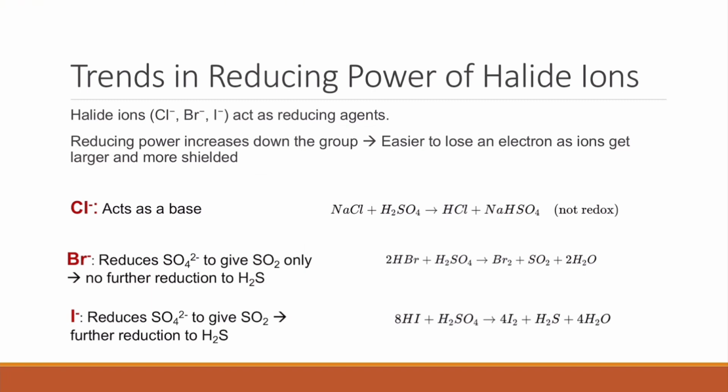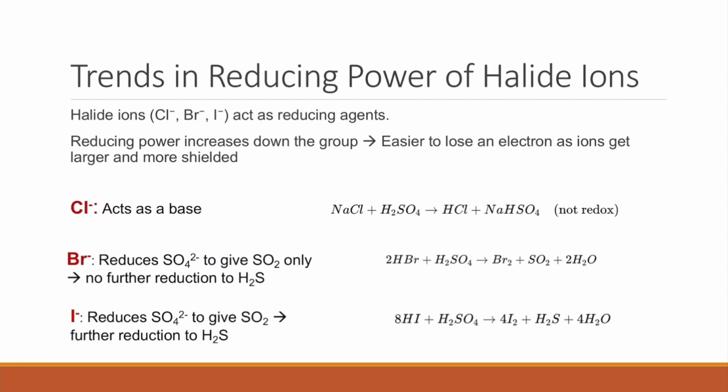Then we need to talk about the trends in reducing power of the halide ions. If the halogens as oxidizing agents decrease in activity down the group, that means the reducing power of the halides down the group will be the opposite. So it will increase. That means as you go down, the reducing power increases. So when we talk about halides, which are chloride, bromide, and iodide, they can act as reducing agents.